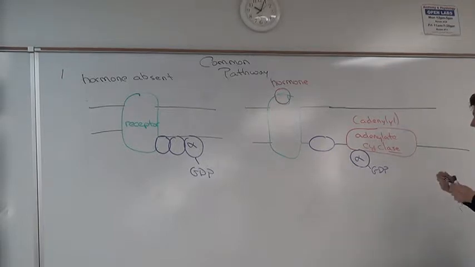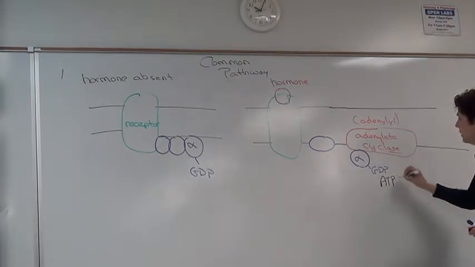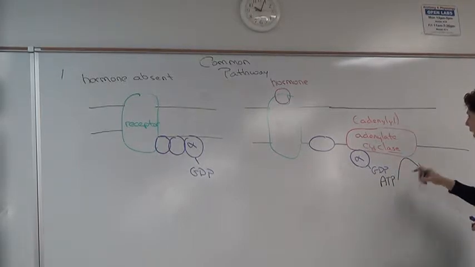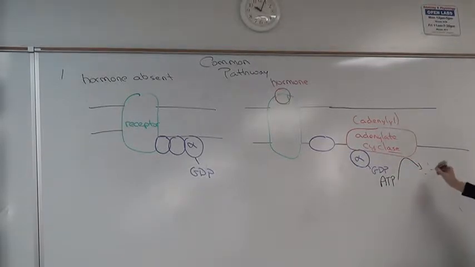So now in its active form, the result: ATP binds to adenylate cyclase, and the enzyme activity is to kick off those two phosphate groups and make cyclic AMP.